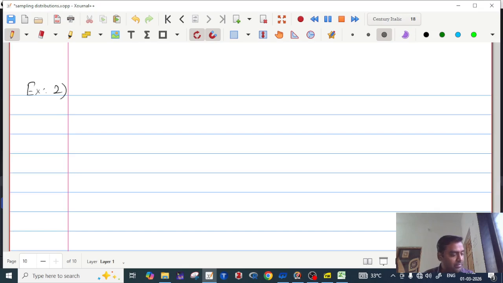Let's see the next example. Example 2. Let U follow normal 0, 1 and V follow chi square with n. U and V are independent.